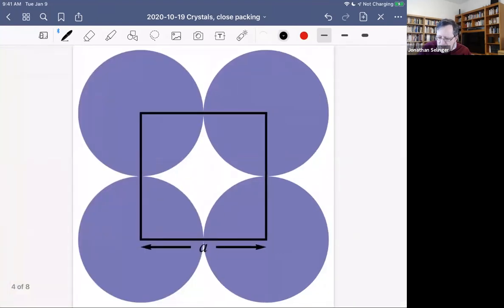So here's an example in 2 dimensions. So this is the 2D square lattice. So, you saw an example with many disks packed together in Mathematica. Here's a close-up of 4 of them. Okay?